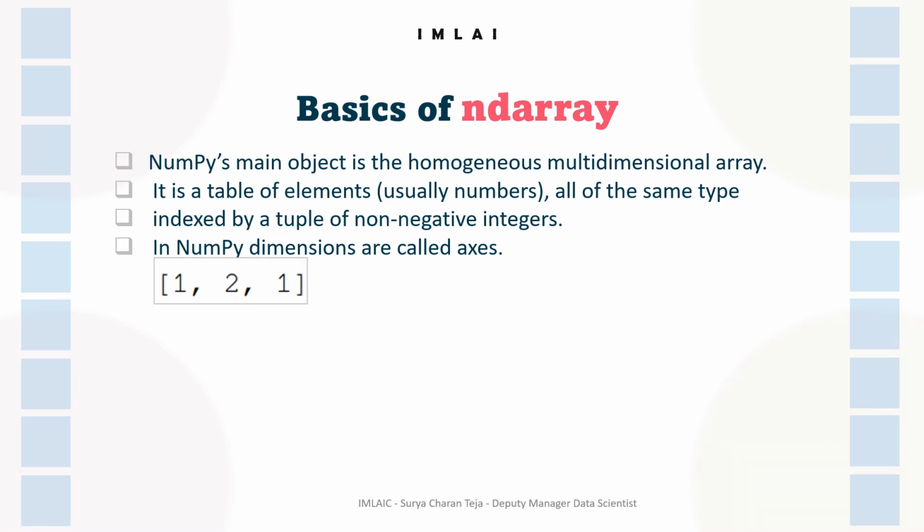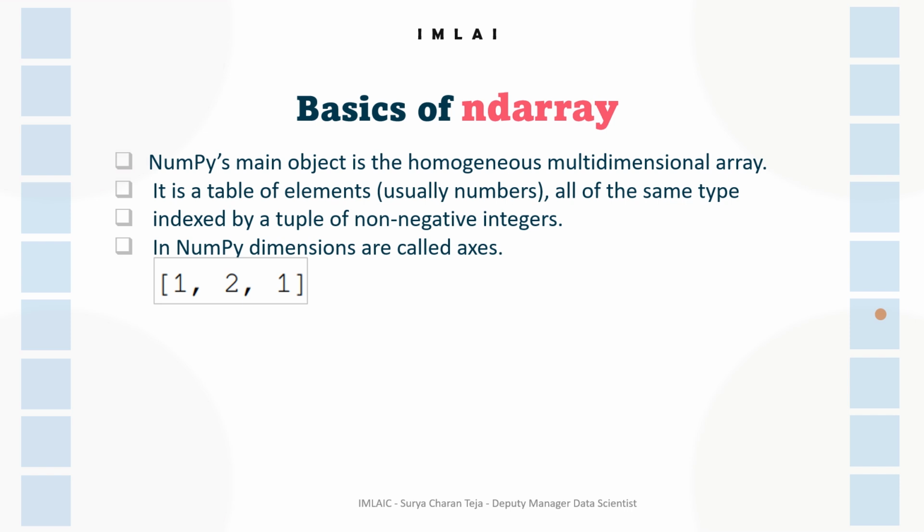So it's 1 2 1. For example, the array for the coordinates of a point in 3D space, that's 1 comma 2 comma 1. How many axes does it have? This is in 3D space, but it has only one axis. But it consists of three elements.